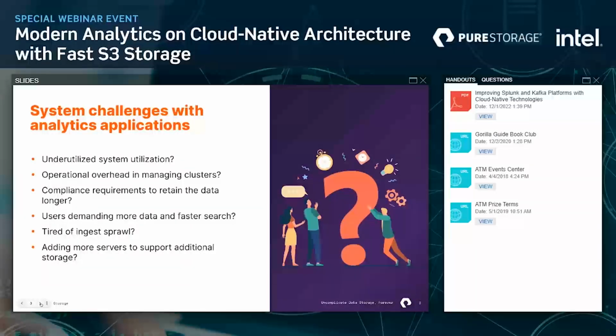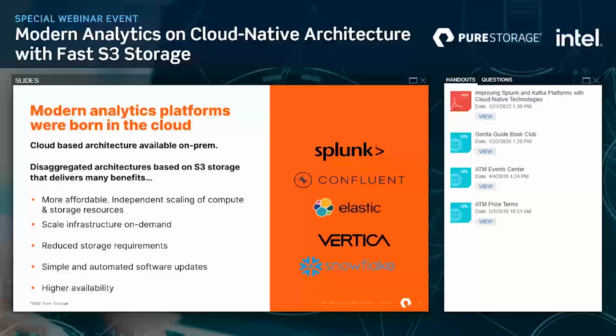The bottom line really is that these analytic platforms are based on an architecture that is out of date. Analytics providers in the last few years have recognized this challenge and developed architectures for a cloud-based offering built around S3 with disaggregated compute.